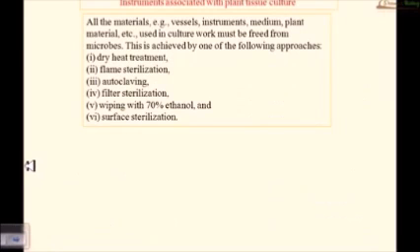Now let's move on. These are some instruments associated with plant tissue culture. In the plant tissue culture lab, you must have access to instruments like dry heat treatment, that means a hot air oven, for example. Flame sterilization should also be there.